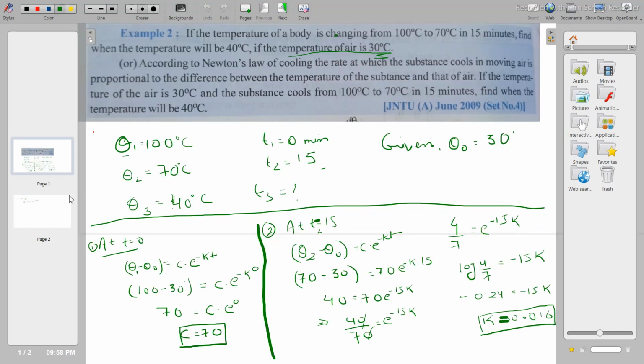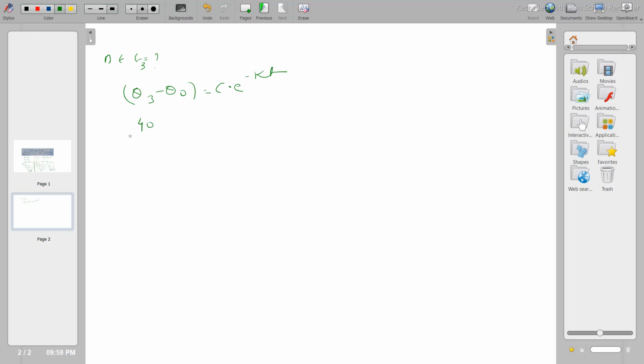We have theta 3 as 40 minus theta naught, which is 30, equal to C into e power minus kt. 40 minus 30 is equal to 10, and we have C equal to 70, so we bring it down here, it will be 70 into e to the power minus 0.016t. We just calculated the value of k.